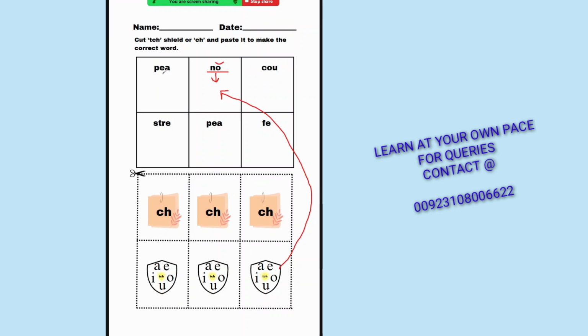On the contrary, if you look over here, then this will come over here. Why? Peach. Before the ch sound, there is a vowel team, or a long sound. You can do the whole worksheet on your own.